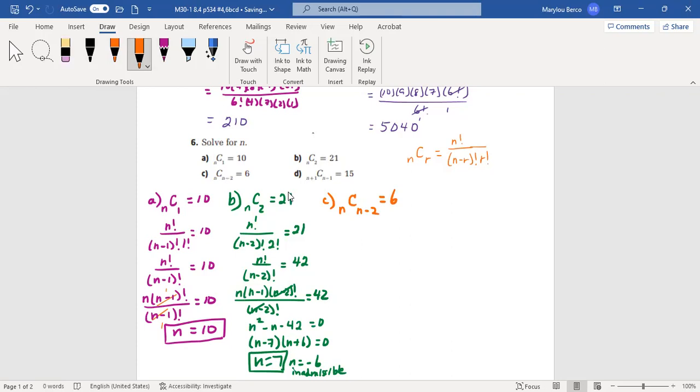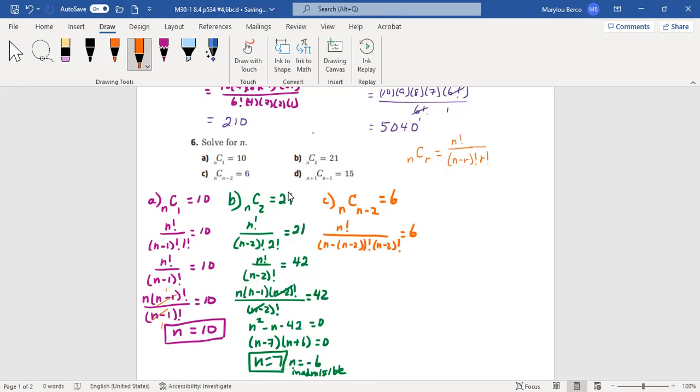So what I have is n factorial over n minus r, which is n minus 2, factorial, times n minus 2 factorial equals 6.